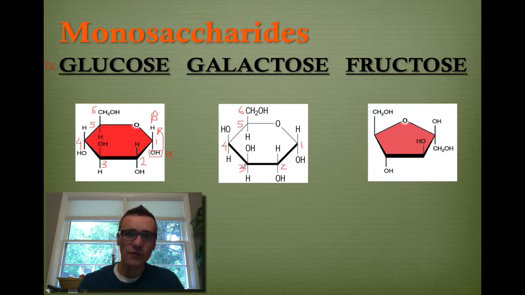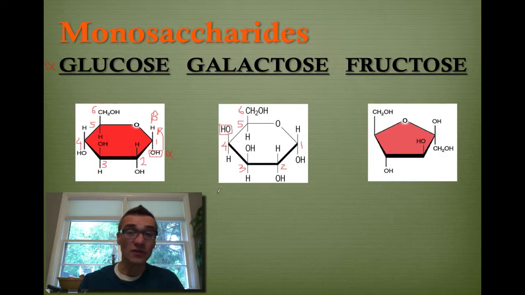It's got 1, 2, 3, 4, 5 carbons in the ring, and then the 6th carbon is up and off the ring. Remember, the important thing is looking at the pattern of hydroxyls. On this galactose, you'll notice the pattern is down, down, up, and up. In this case, it is this hydroxyl on carbon number 4 that is up above the ring that makes this galactose. Again, it's a very subtle difference.